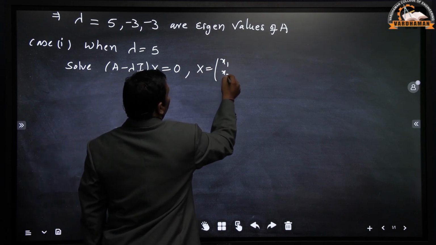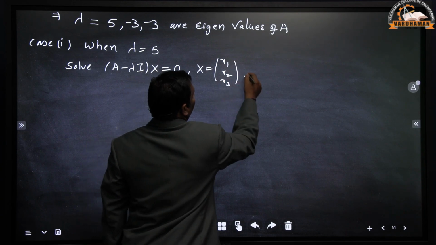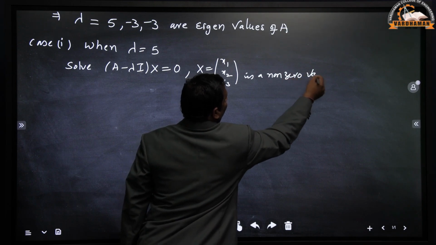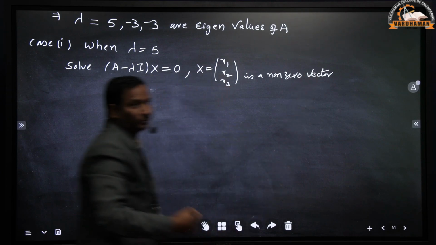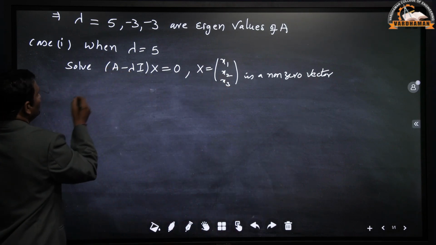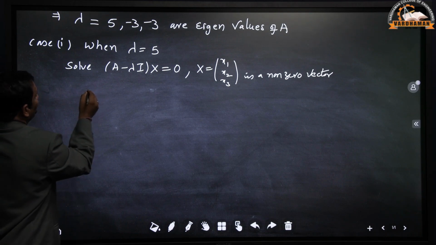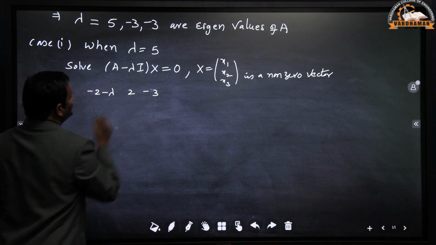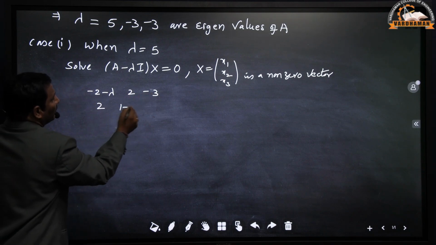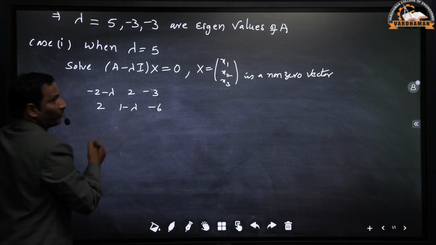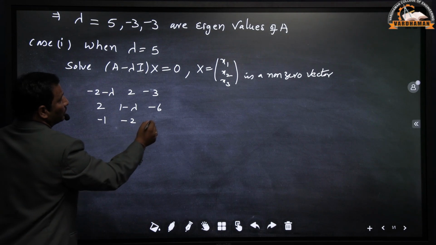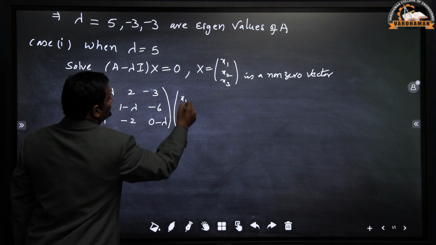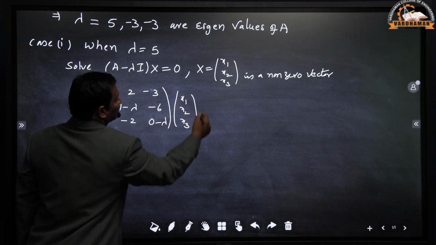We will write it as x1, x2, x3, a non-zero vector. Write this homogeneous system as minus 2 minus lambda, 2, minus 3; 2, 1 minus lambda, minus 6; minus 1, minus 2, 0 minus lambda, into the vector x1, x2, x3.